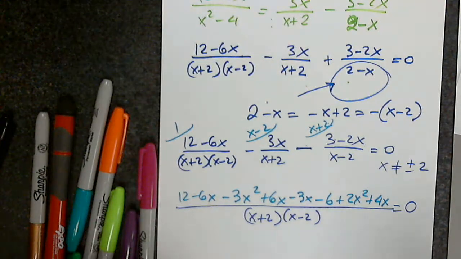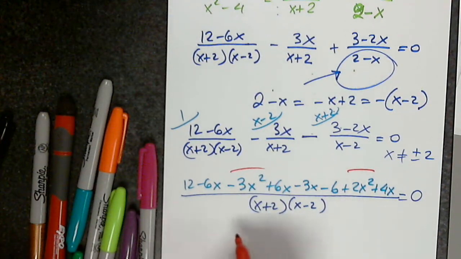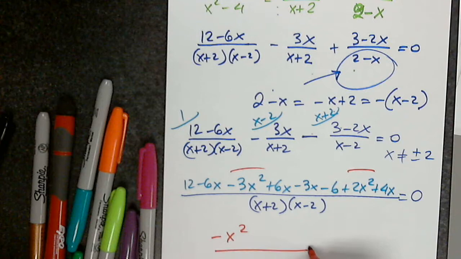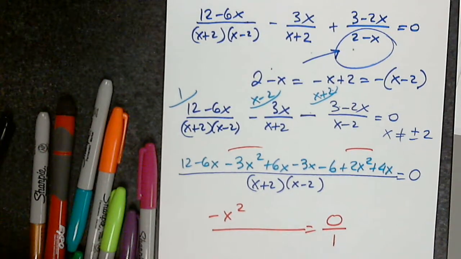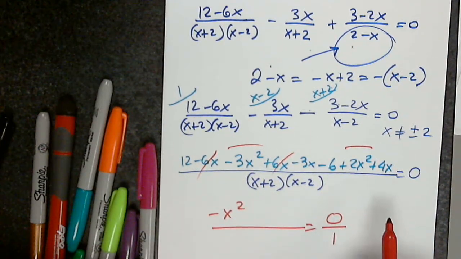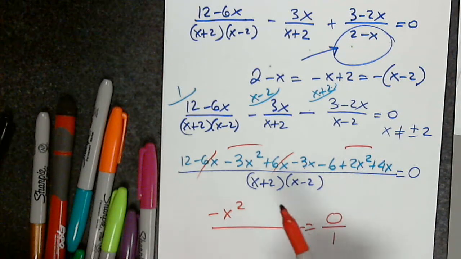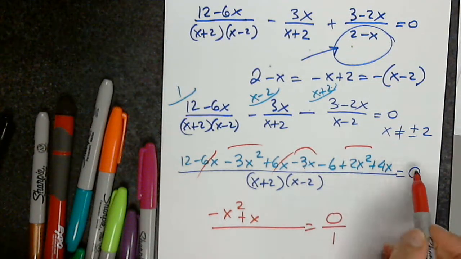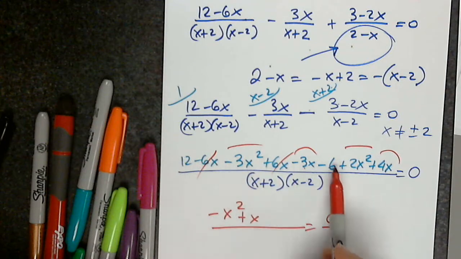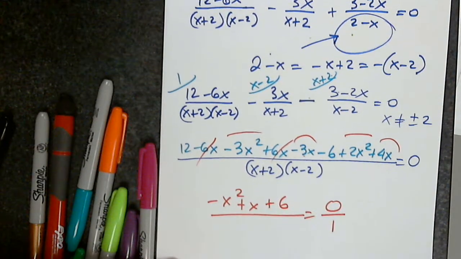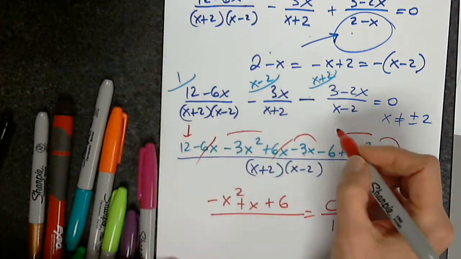So now I combine like terms. Of course, these two will give us negative x squared. These two will go away, nice. These two will give us a positive x, nice. And then I have 12 minus 6, which is 6. So everything is accounted for.